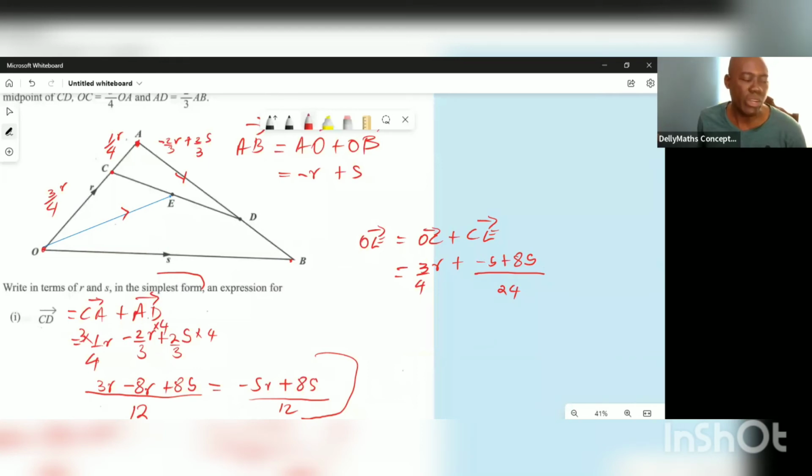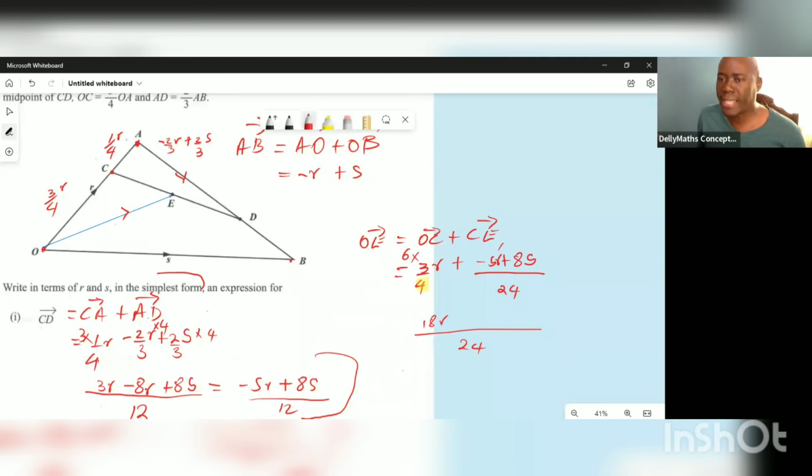Now, what we can do now is to simplify this. We want to simplify every single thing, so I'm going to be working with my 24. 4 into the 24 is going to go 6 times. So 6 times 3R gives me 18R. 24 into itself, 1 time.